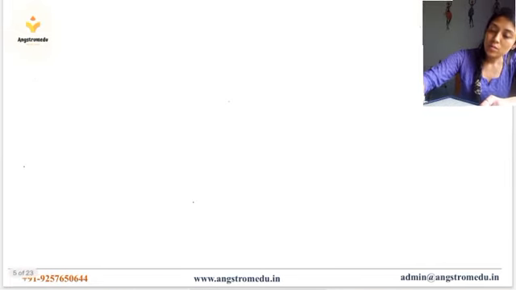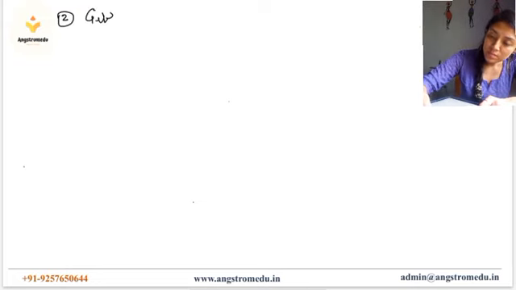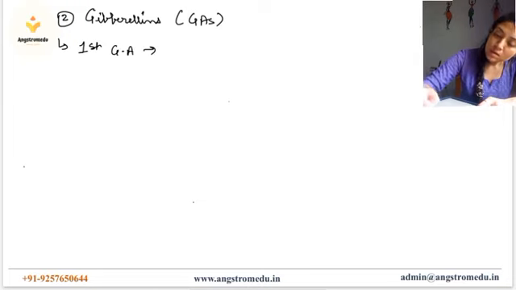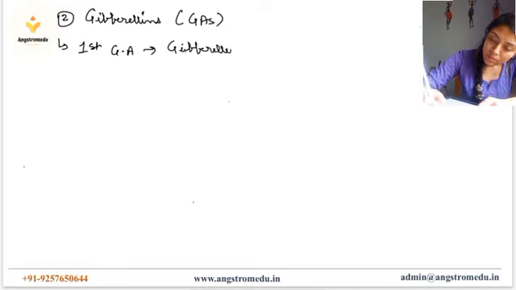Then the next hormone, next PGR, is gibberellins. It is also denoted as GAs, gibberellic acid. The first gibberellin was extracted as gibberellic acid.